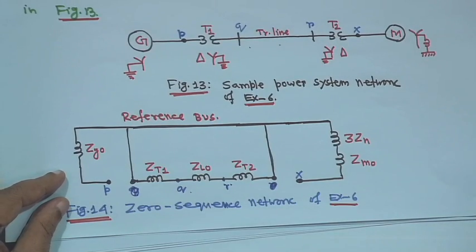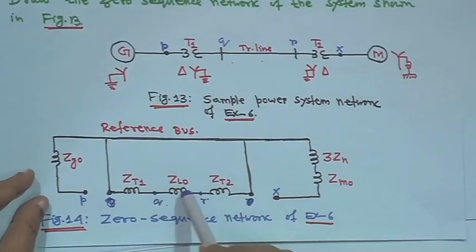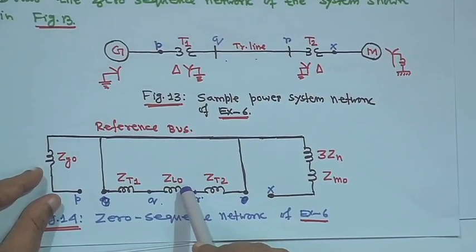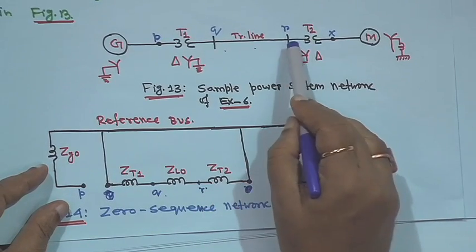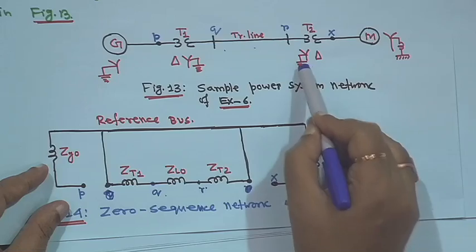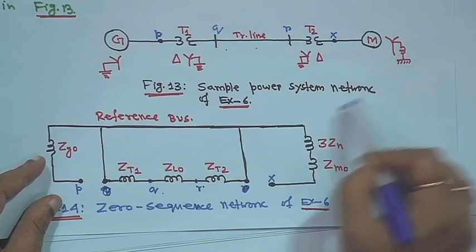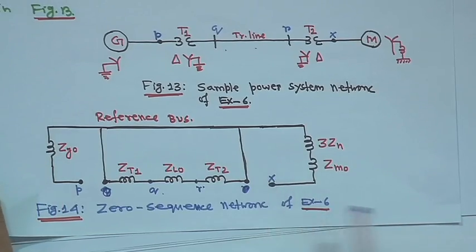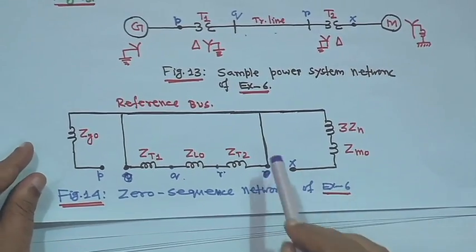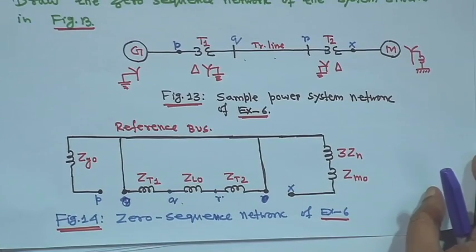So, this is actually transformer ZT1, then point Q will come, then transmission line ZL0, then after this point R, that is your ZT2, and star is grounded. So, connect it, and here the star is grounded and connected, but this is delta, this is star, isolation is there, so it cannot be connected. So, this is the zero sequence network for this kind of network.